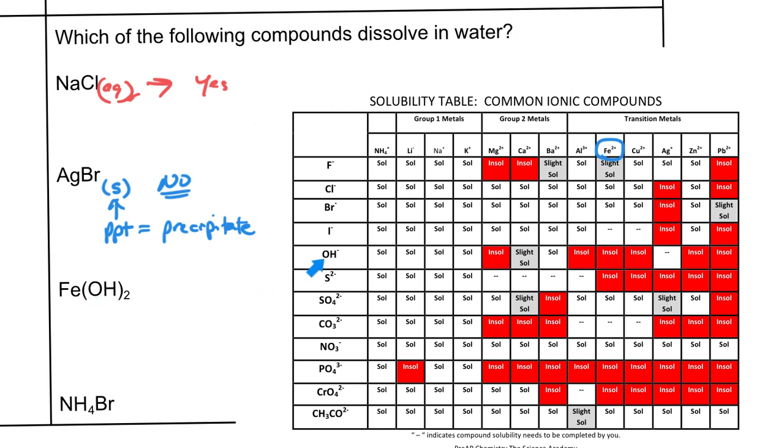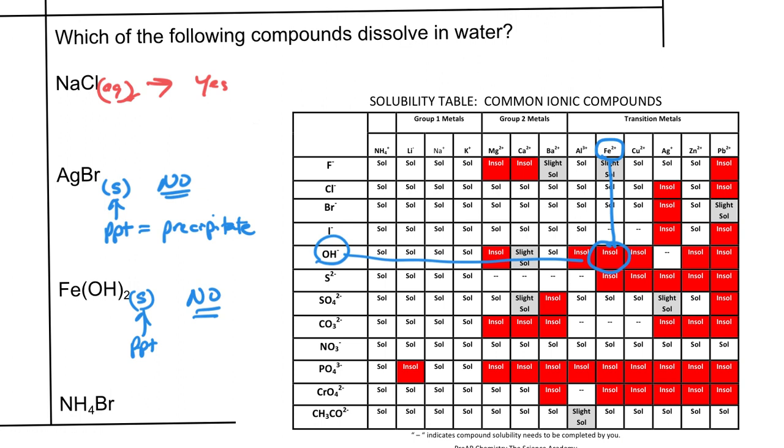So we look for OH, and then we find it here. Let's go ahead and circle that, and then let's see where they intersect. And so notice here they intersect again at an insoluble. So that's going to be that it will not dissolve. So we're going to come over here. We're going to denote here solid. And so here is the precipitate. And so this is not going to dissolve.